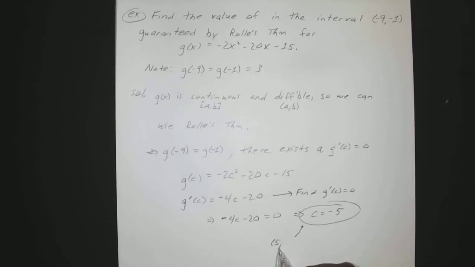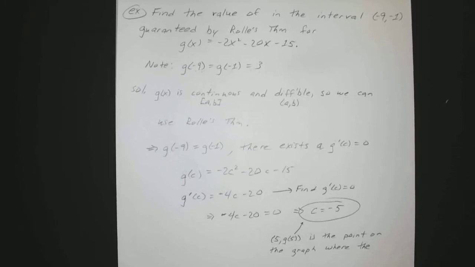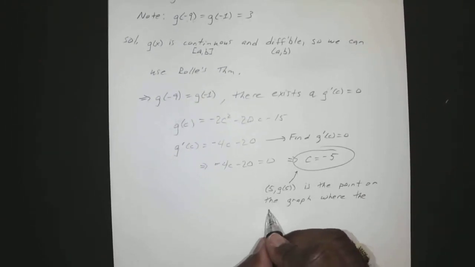So g of -5 is the point on the graph where the slope is 0.